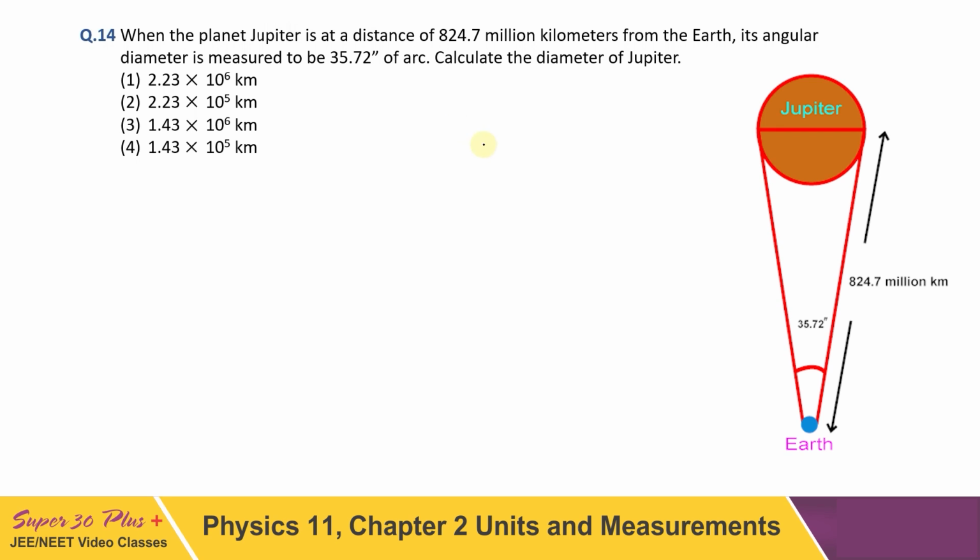Now I am using that method of parallax to calculate diameter of Jupiter. This is Jupiter and its diameter is subtending angle at the Earth, that is equal to, theta is provided here, it is equal to 35.72 second. Can you recall what I had said?